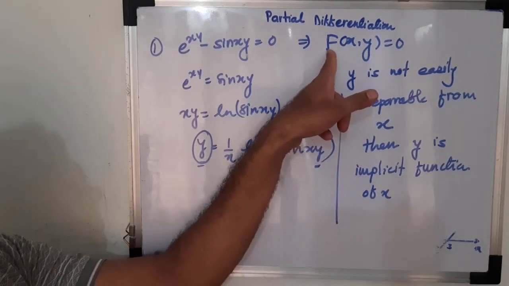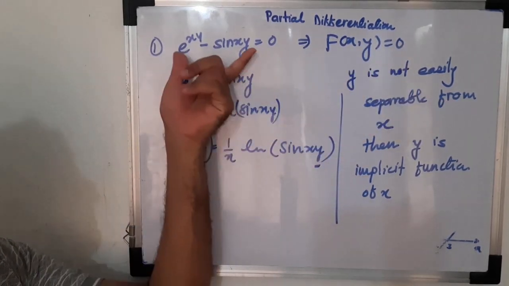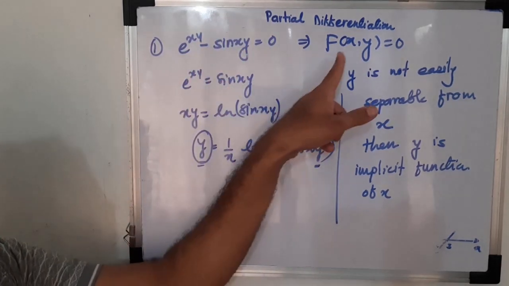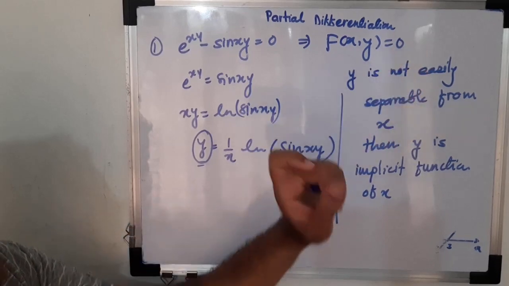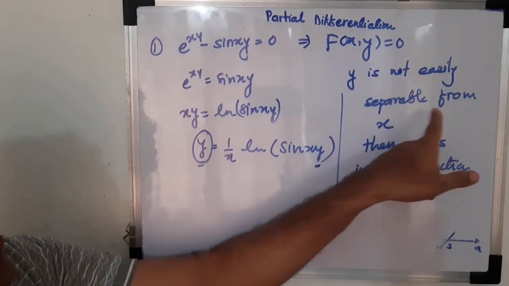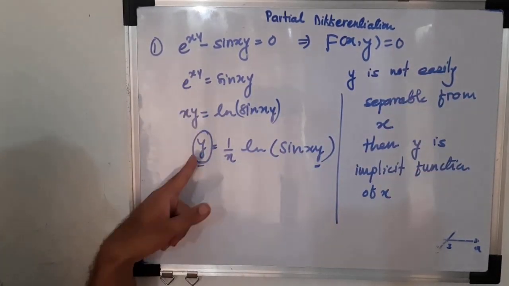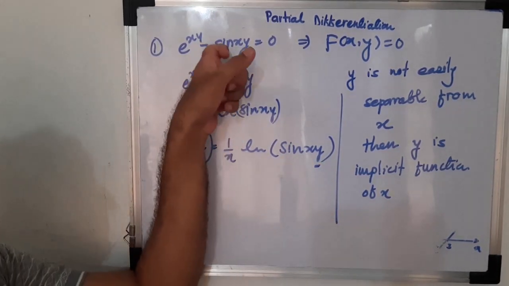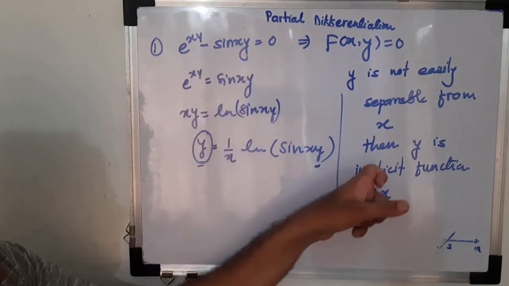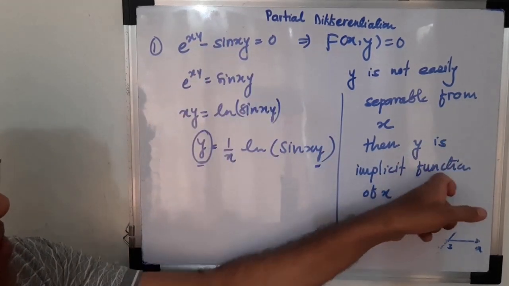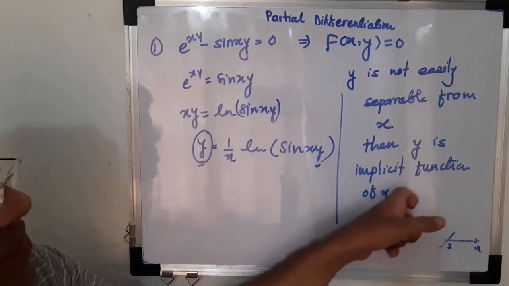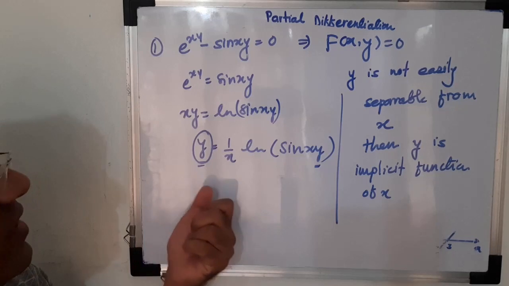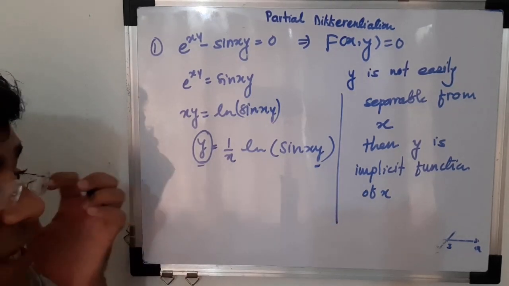So what is the definition? Suppose f of xy equals 0. The example is e raised to xy minus sine of xy equal to 0. So f of xy equals 0 and y is not easily separable from x. We can try to solve it, but we will not get a clear solution for such a complicated problem. Then y is an implicit function of x. You can't write y as a function of the x variable.